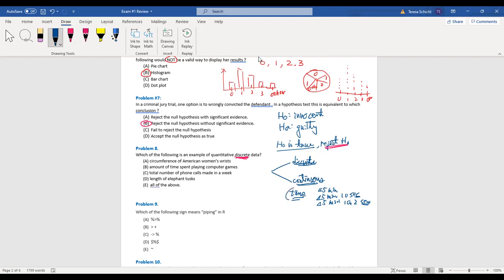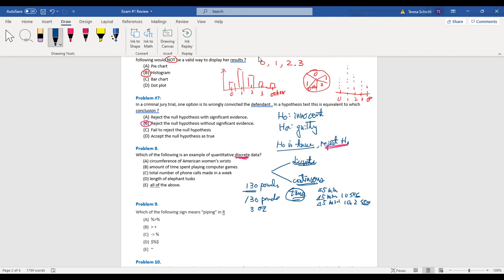So this type of variable, we call it continuous. So for example, you say how heavy you are. You say, okay, I'm 130 pounds. Are you exactly 130 pounds? Or maybe you are 130 pounds and 3 ounces, right? Are you exactly 3 ounces?